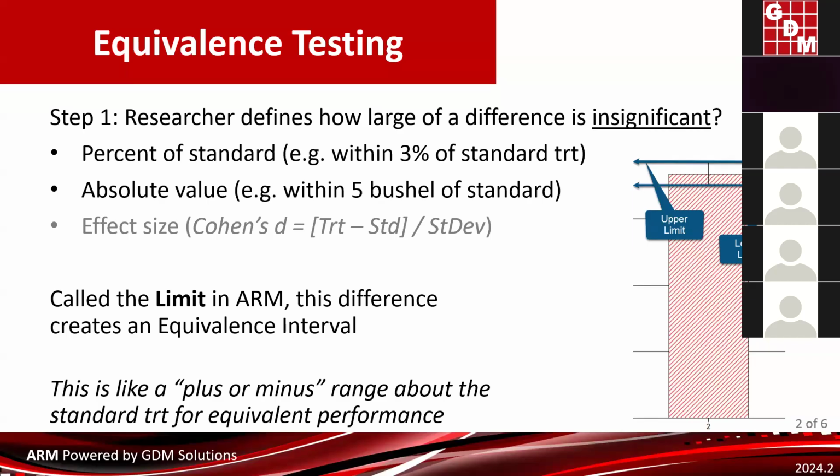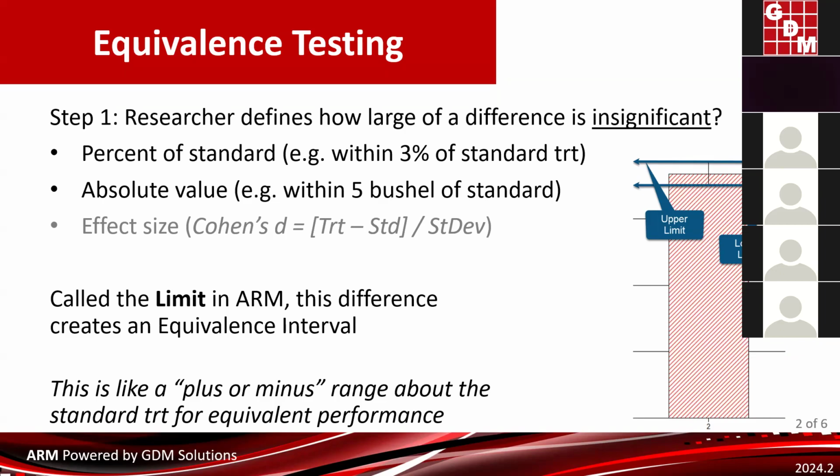So real quick, one step back, when we're comparing the two products, we refer to the first product as the standard. That's the one we're comparing against. And then you select the other treatment that you're going to compare against the standard. So that's what we'll keep referring back to, your standard treatment.